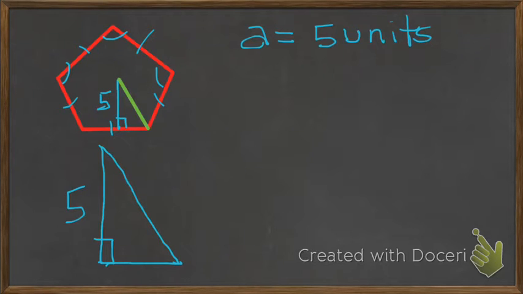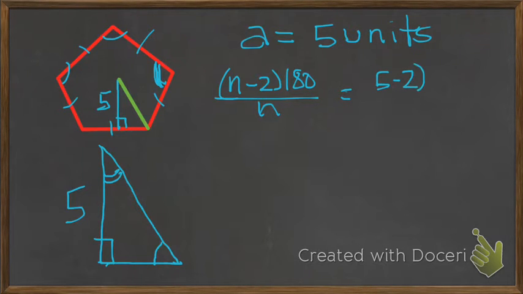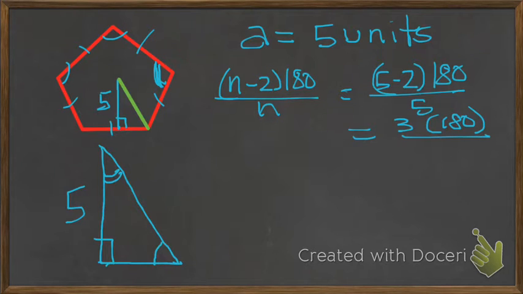So we're going to need to know this angle or that angle up there. Either one of those will work. You might recall we have a way of finding the interior angles of a polygon. The interior angles of a regular polygon are n minus 2 times 180 divided by n. In this case, n is 5, so that's 5 minus 2 times 180 divided by 5, so that's 3 times 180 divided by 5.